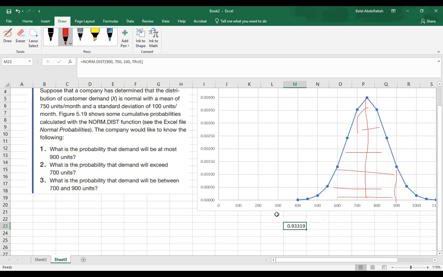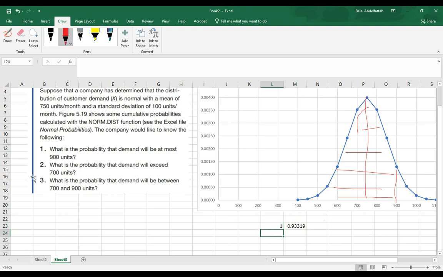So it's a little bit different from discrete probability distributions, where we would account for that one value. If it said less than 900, we would say 899 units, but we're going to keep it at 900 since we're dealing with a continuous distribution. So every time you're dealing with a normal distribution, just keep that in mind. So that's for problem number one.